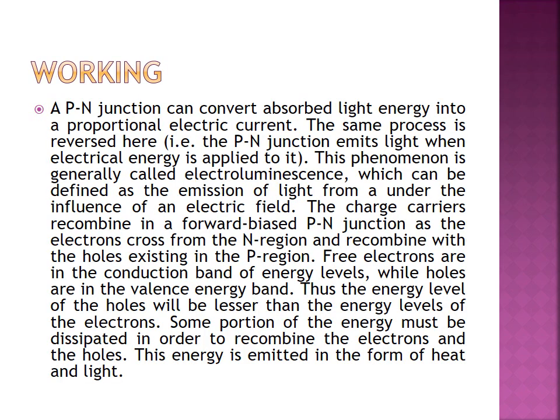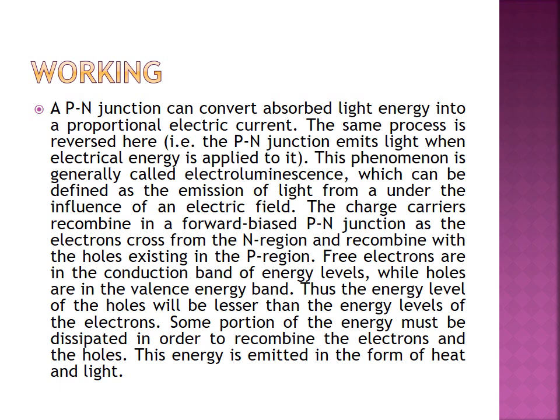Next, working of LED. PN junction converts absorbed light energy into a proportional electric current. The same process is reversed here. That is, the PN junction emits light when electrical energy is applied to it.